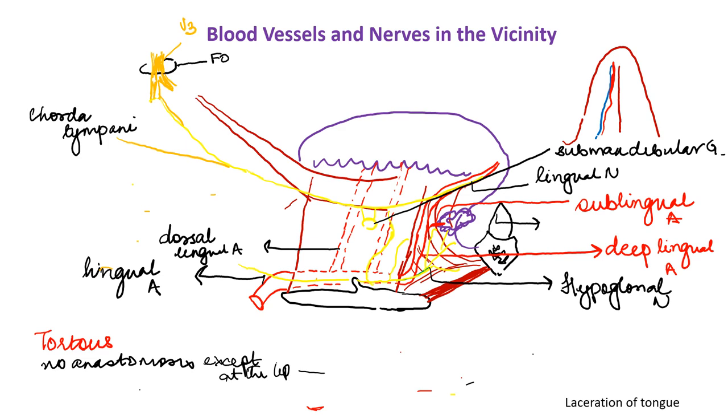Now the veins. This vein, which we see out here, which was present on the inferior surface, is the deep lingual vein. So the deep lingual vein moves from the apex.